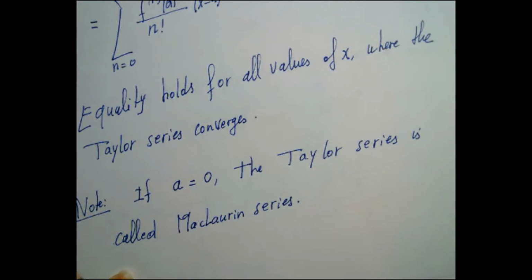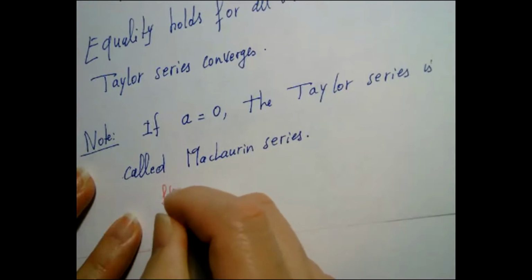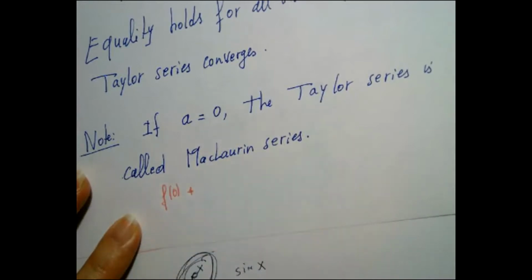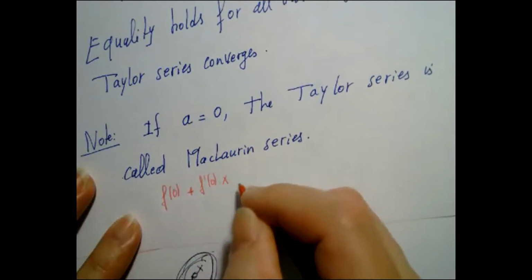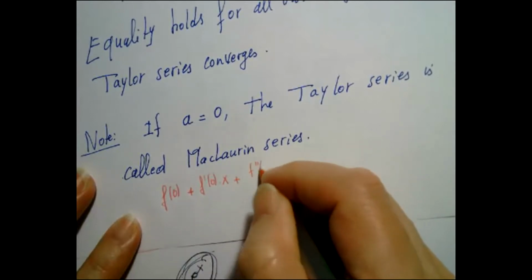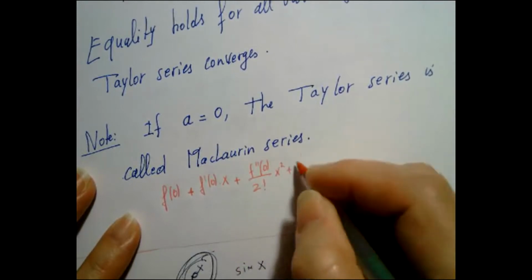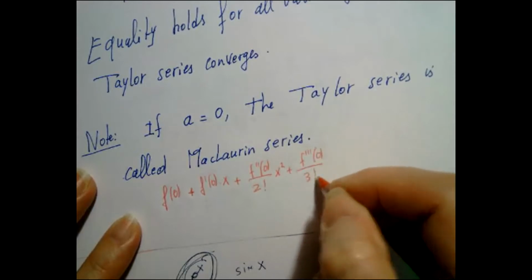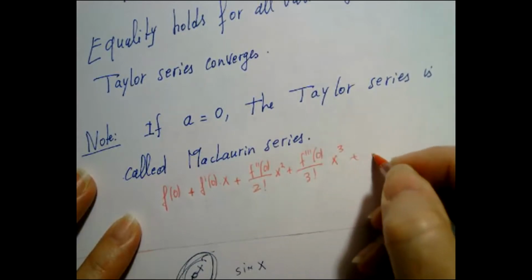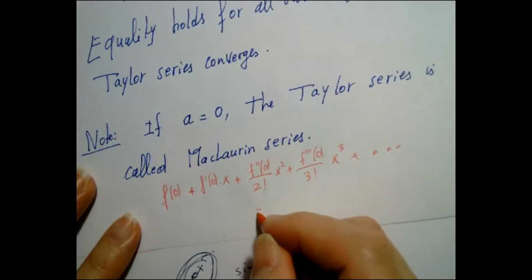So the Maclaurin series becomes the following. f at 0, plus f prime at 0 times x, plus f double prime at 0 over 2 factorial times x squared, plus the third derivative at 0 over 3 factorial times x cubed. So that's really what we mean by Maclaurin. A is 0, that's all.